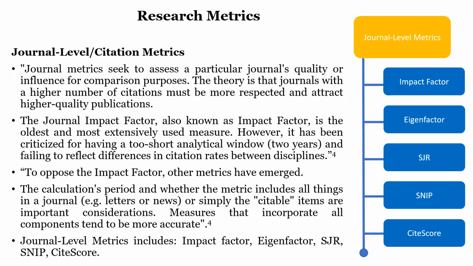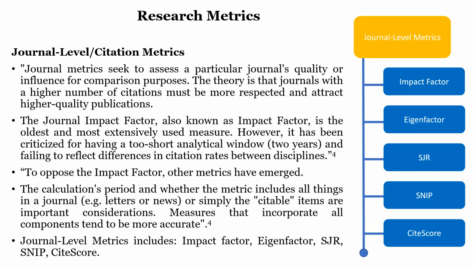The theory is that journals with a higher number of citations must be more respected and attract higher quality publications. The journal impact factor, also known as the impact factor, is the oldest and the most extensively used measure.